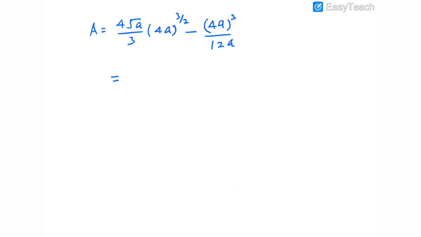Now putting the upper limit and the lower limit, we have A is equal to 4 root a by 3, (4a) power 3 by 2 minus 4a cube by 12a. After simplifying, we have 32a square by 3 minus 16a square by 3. So finally we have 16a square by 3 square units.